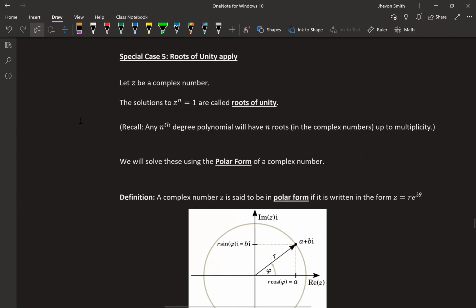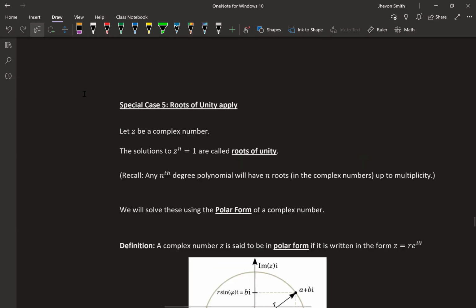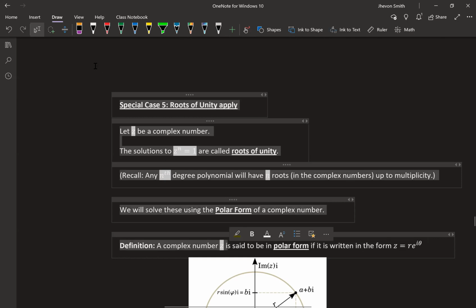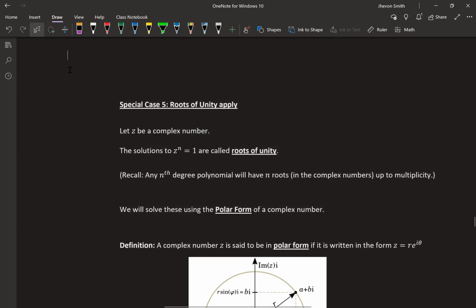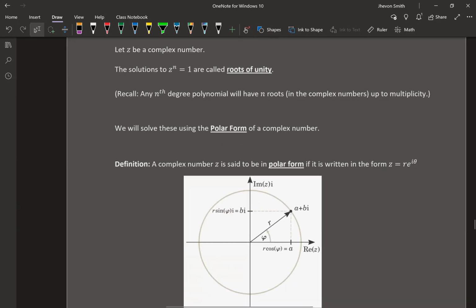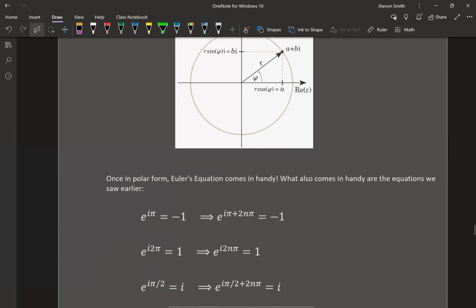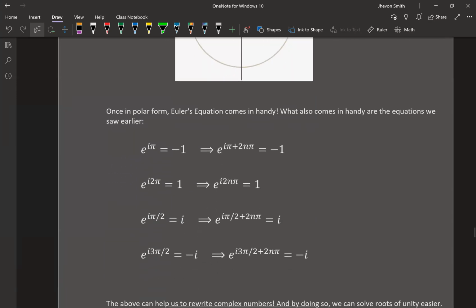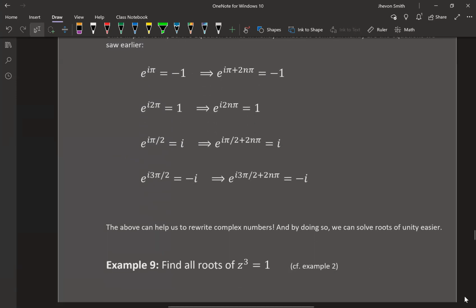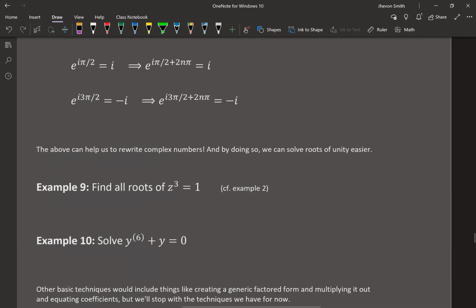Another special case, roots of unity. So yes, we did look at this before in some homework, but I am going to show you what is perhaps a more efficient way. If you didn't use this way to do the homework, then chances are you did something less efficient than this. This is a very nice way to do this.